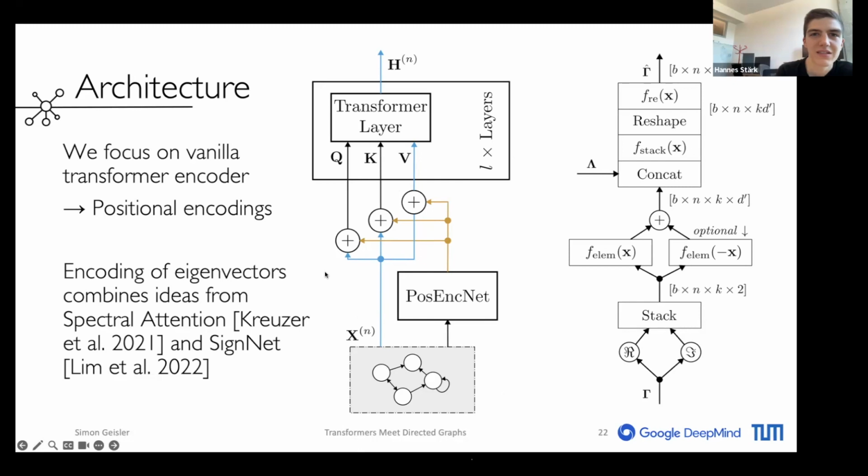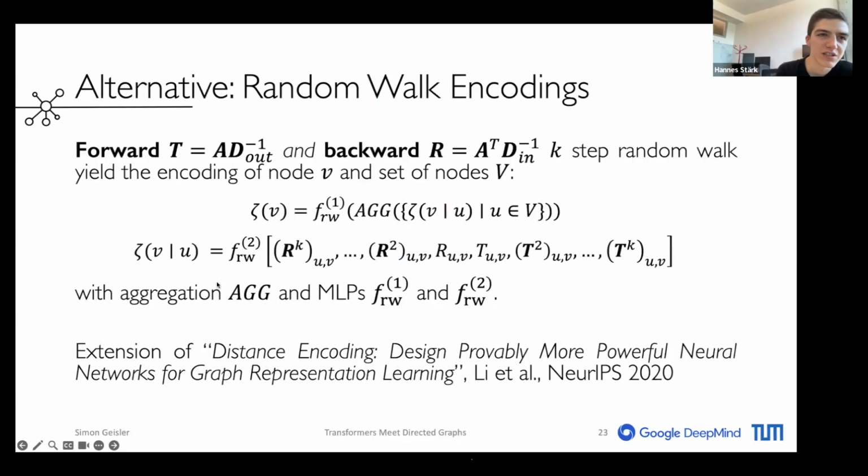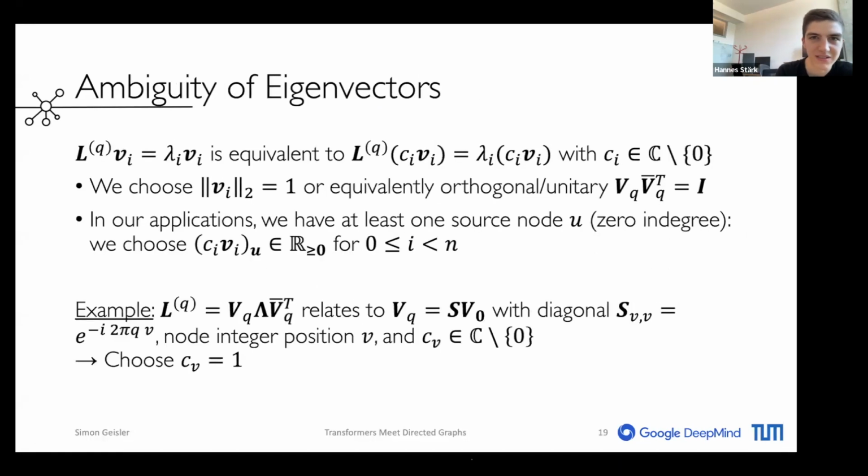Yeah, what's your question? This arbitrary positional encoding, it still captures the distance, right? The relative position in this graph.